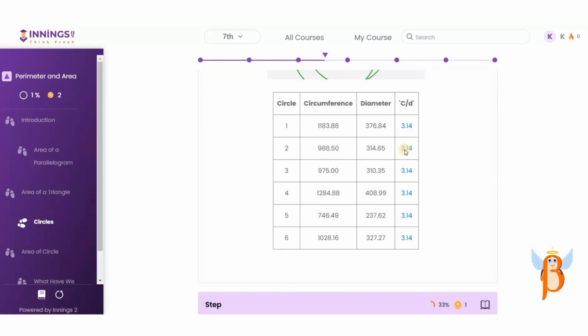So we have found out how the value of pi came into being.